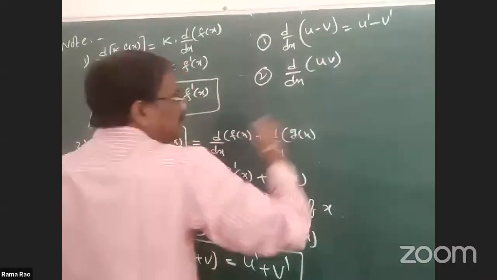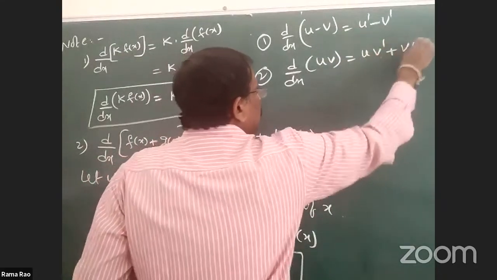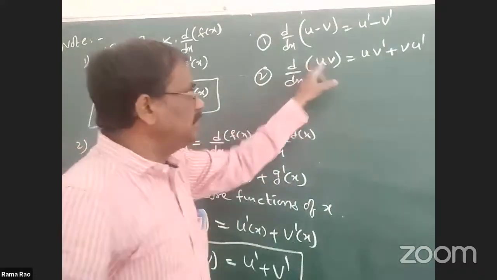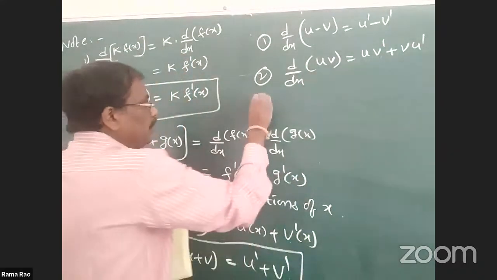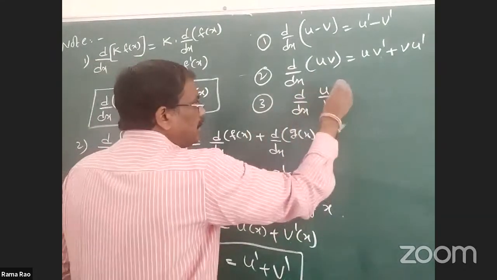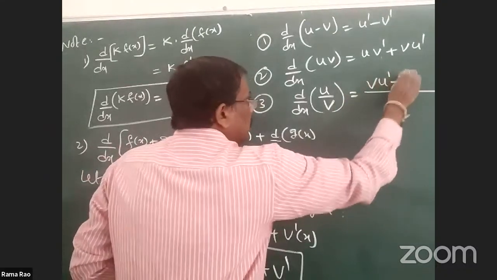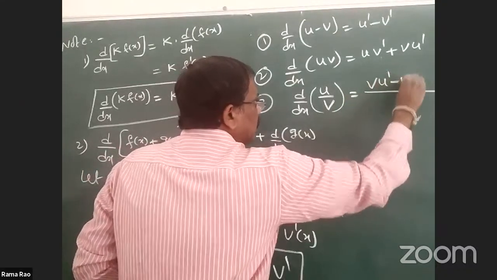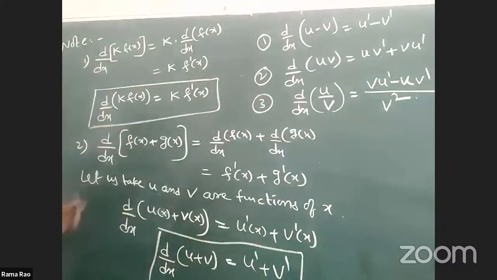d by dx of product of two functions is equal to u v dash plus v u dash. Here u and v are functions of x. Now d by dx of u by v, very important, is v u dash minus u v dash by v square. These are very important formulas.